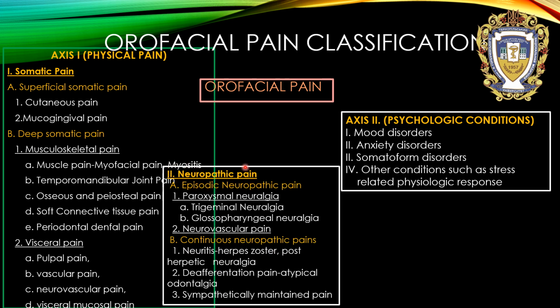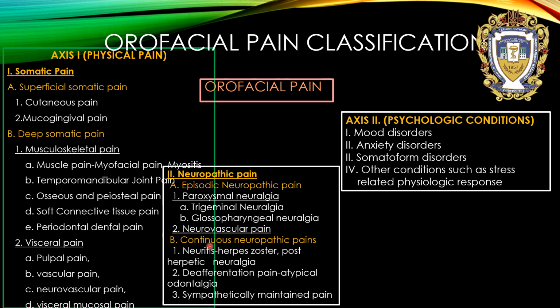Second big division of first axis, neuropathic pain. Division A, episodic neuropathic pain, like paroxysmal neuralgia, trigeminal neuralgia and glossopharyngeal neuralgia, and neurovascular pain.